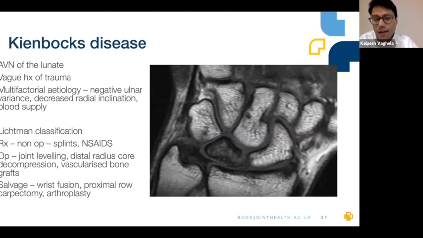They often have centralized wrist pain, and we don't really know why it's caused, but we know there are a few different things which can contribute to it. Some patients have a very particular type of blood supply to the lunate, such as an I-shaped blood supply, which can give a slightly higher risk of that. Some patients have a vague history of trauma many years ago which can trigger it.